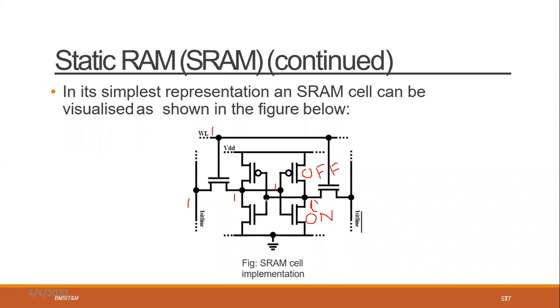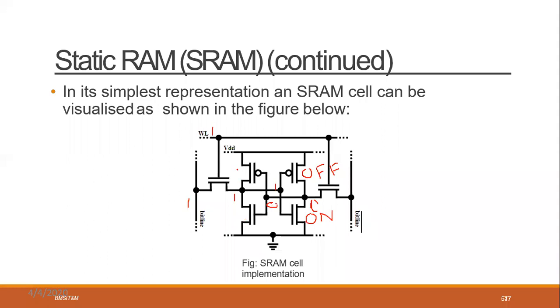Now this 0 will be given as input to this other inverter, right? So this 0 is connected to this point. Now can anybody message me what happens to this transistor and this transistor when the input is 0? This transistor will be on, good, and this transistor will be off.